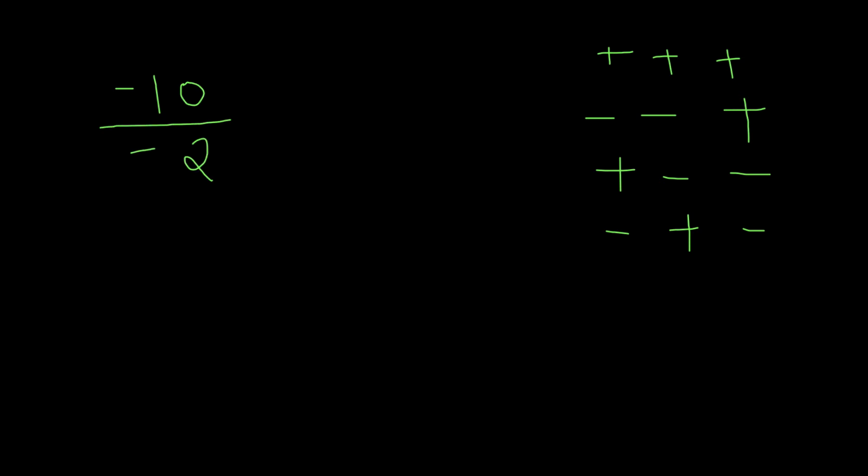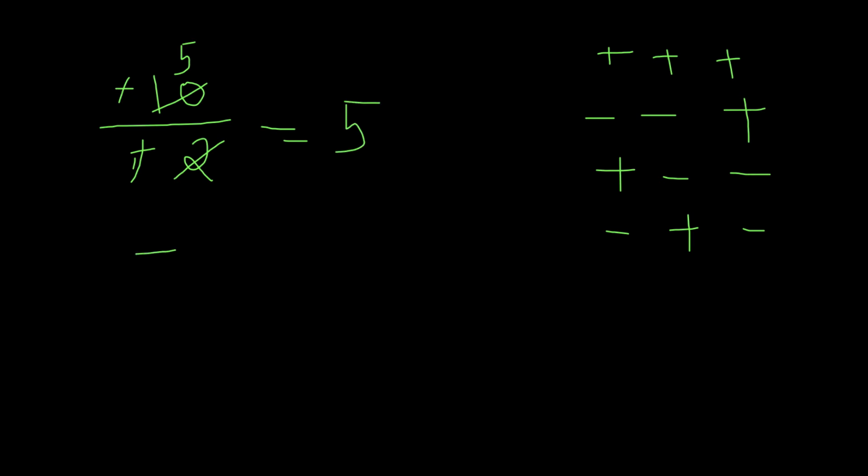So in the denominator you have minus 2, in the numerator you have minus 10. So this minus minus sign will be cancelled and they will become plus, and when 10 is divided by 2, the answer will be 5, so the end result would be 5.